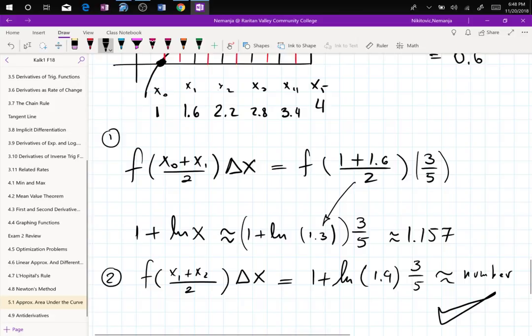So you pick your poison. The important thing here is to realize that the precision of your answer will depend on how many rectangles you're computing. The more you compute, the better.